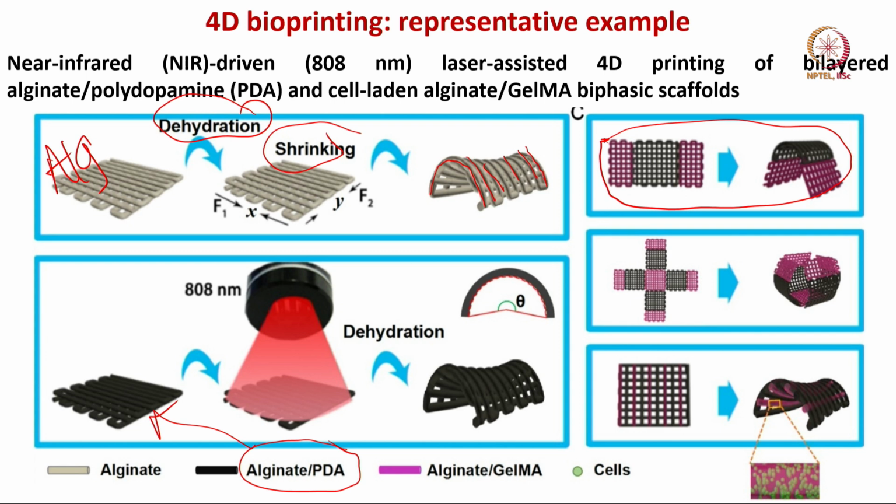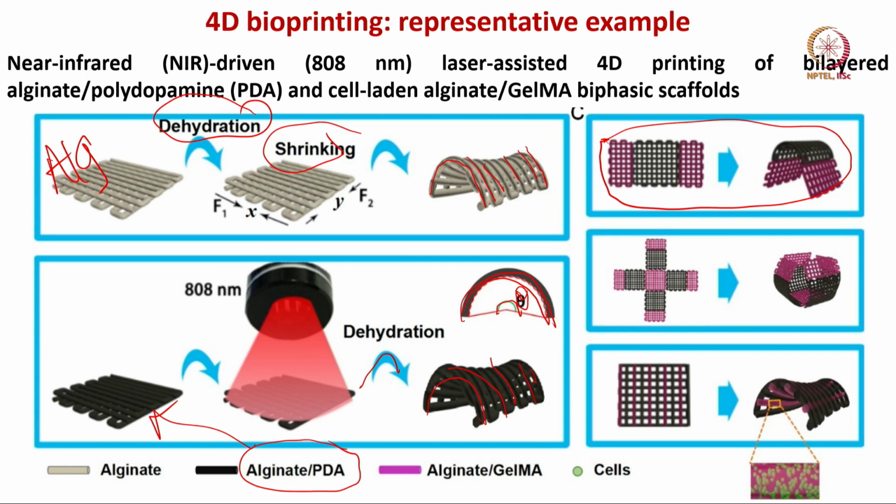It is exposed to 808 nanometer radiation and you dehydrate, then you also change the scaffold shape, and this angle is theta. As you can see, theta must be more than 280 degrees here. So it is important that in this process of external stimulation, the cell viability is not compromised.